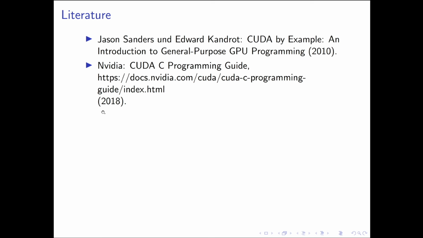Most of the examples that we saw can be comprehended by looking at the programming guide. Then there's also a book that I picked out. I guess there are a bunch more books, but this is a book that I was able to take a look into. I'm familiar with this book, and it's quite decent, so I would recommend it. And there are lots of resources out there, also internet resources, that help you to learn the CUDA programming language.